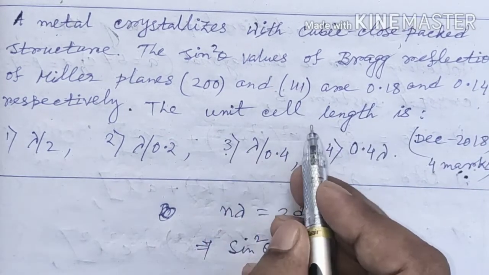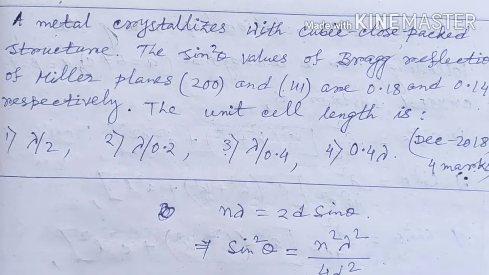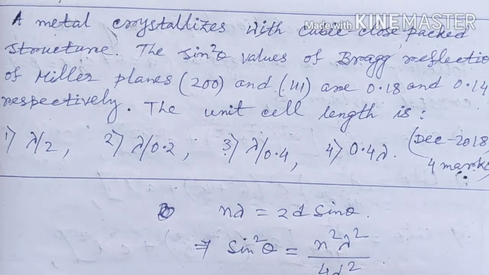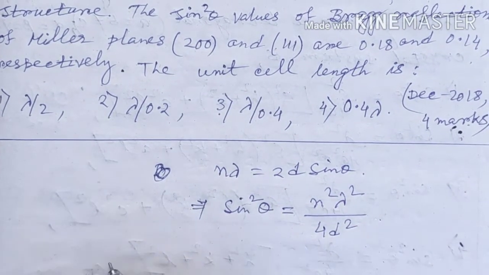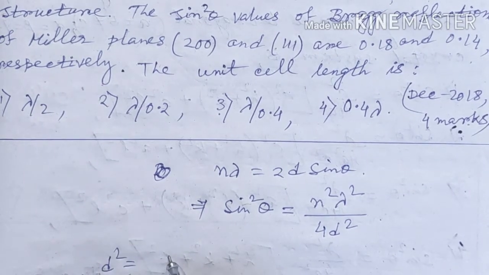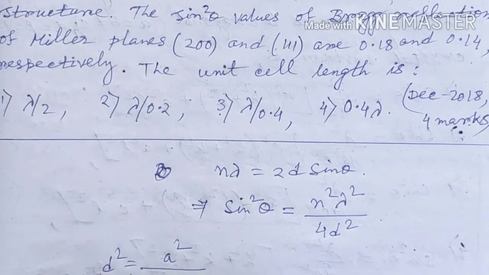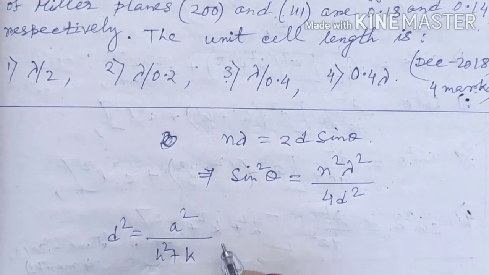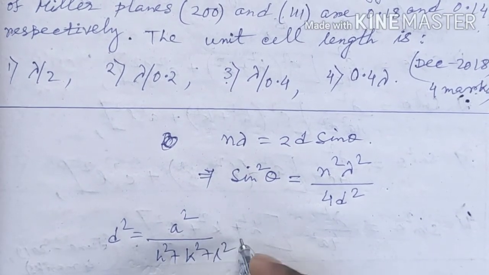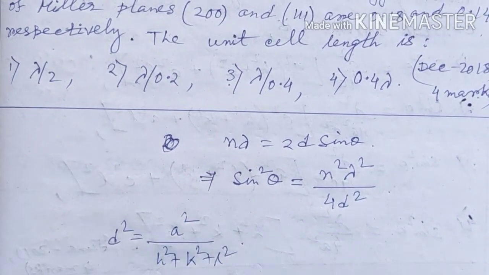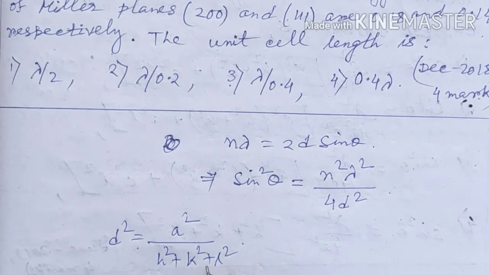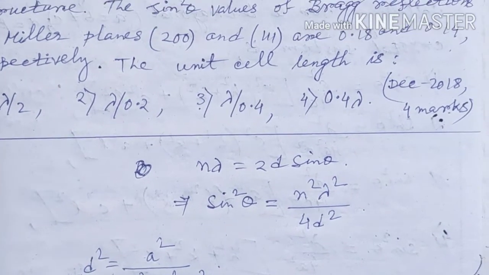We have to identify the unit cell length. Now we put the value of d square, as we know that d square is equal to a square divided by h square plus k square plus l square. Here a is the side of the unit cell, and h, k, l are the Miller indices.